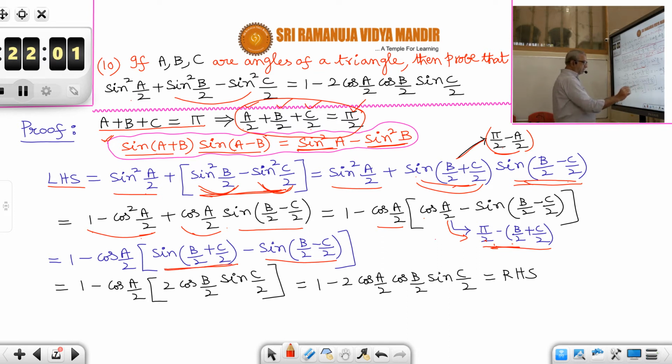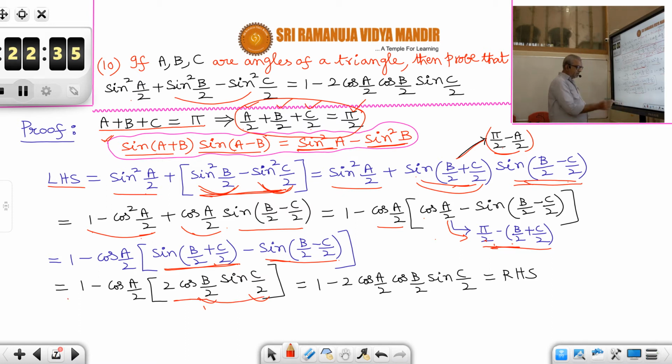What is this, tell me? It is just like sin(A plus B) minus sin(A minus B). The first term, sin A cos B, will cancel out. The second terms will add up, so you get 2 cos A sin B, that is 2 cos B/2 sin C/2.